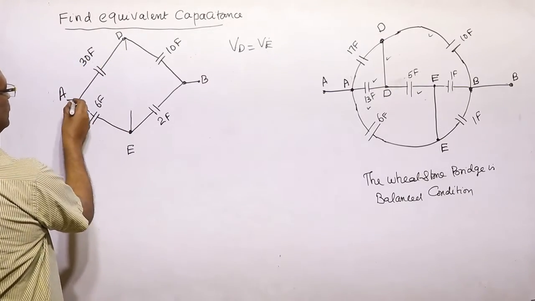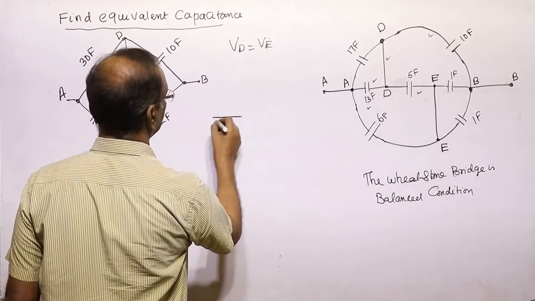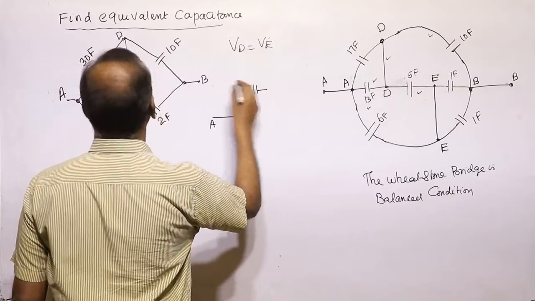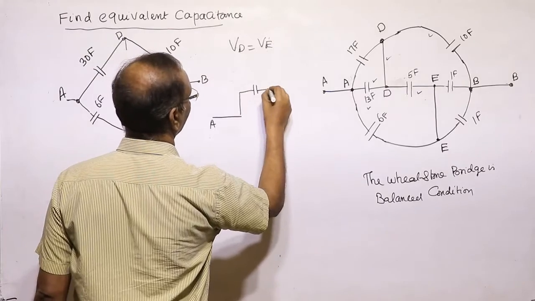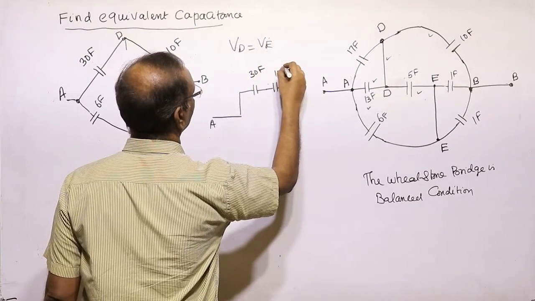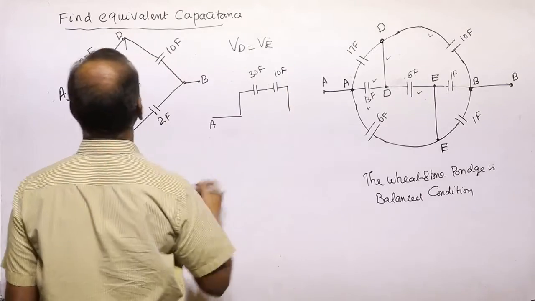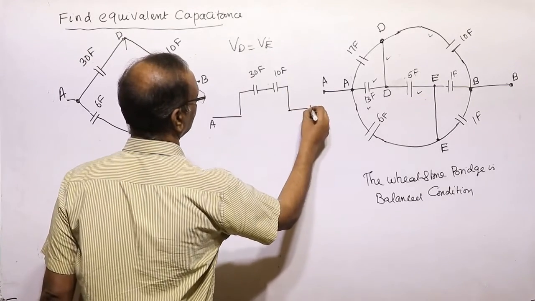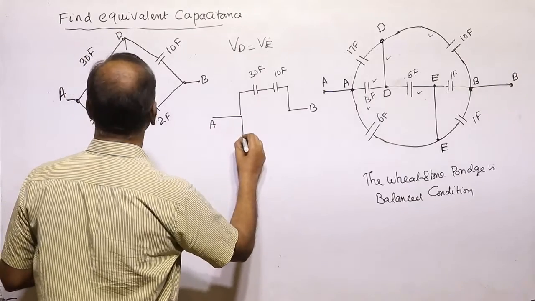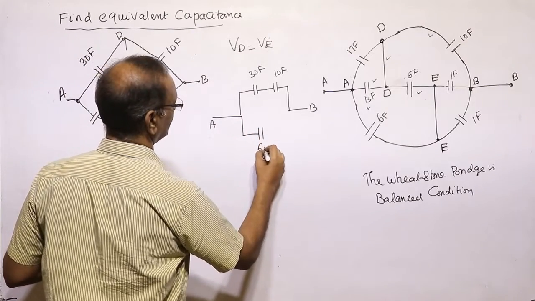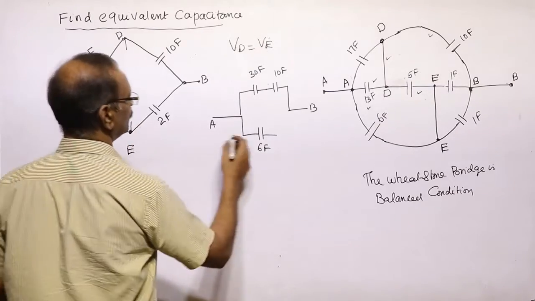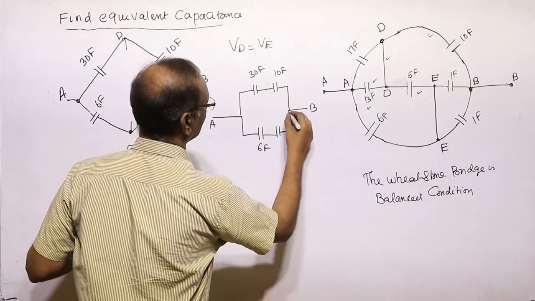Now between A and B, this is A. There is a 30 farad and 10 farad in series between A and B, and between A and B there is one more: this 6 farad and 2 farad in series.